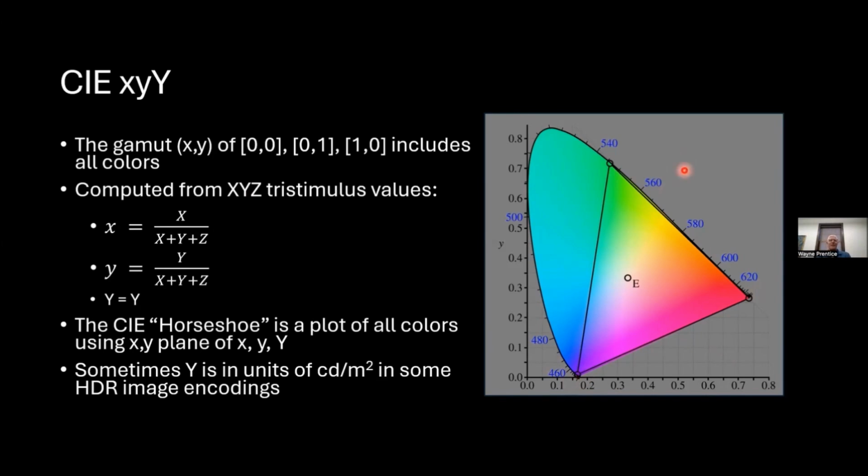I heard someone say once that once technology gets good enough, we're going to be able to make colors out here. No, that's not going to happen. That's mathematically impossible. Sometimes you'll see this encoding, little x, little y, capital Y, used for HDR, in which case the value of Y isn't 0 to 1, but is actually in units of candelas per meter squared.